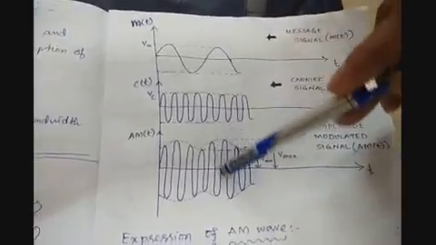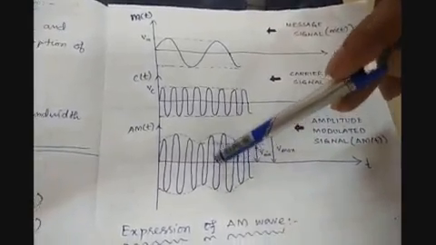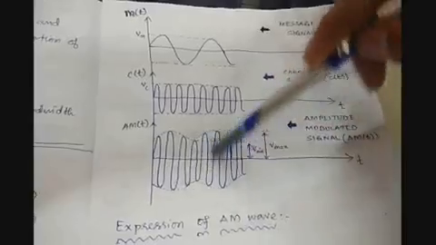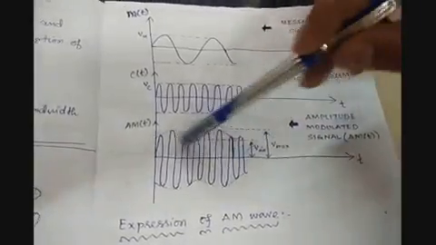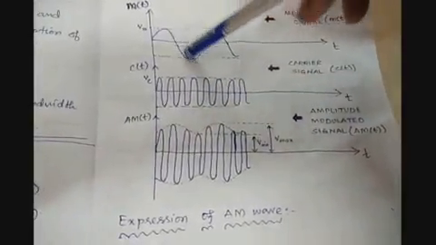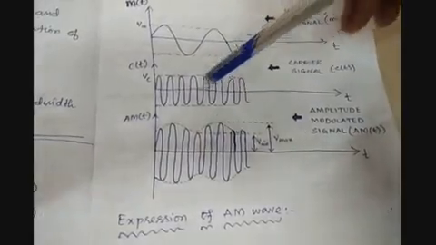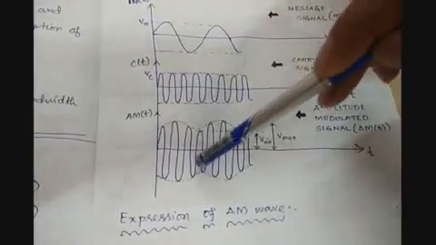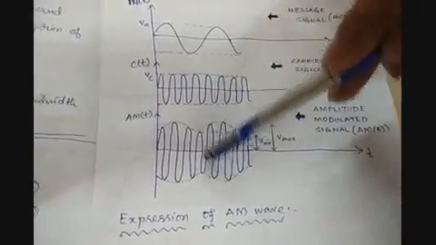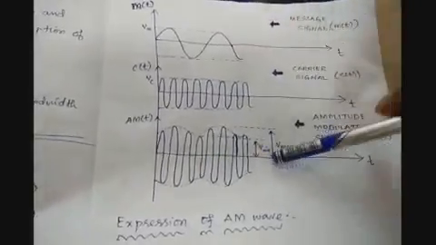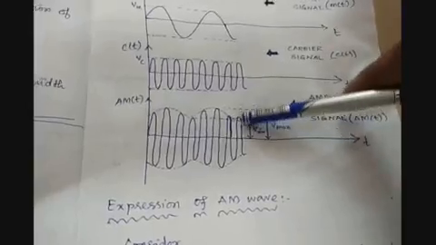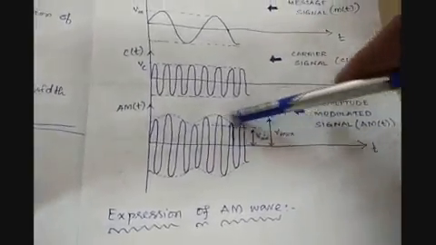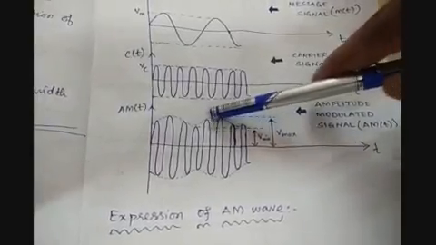So this is nothing but superimposition of the message on the carrier. That is the amplitude modulated signal, right? According to the instantaneous value of the message, your carrier amplitude is varied. This is V minimum, the minimum level, and this is V maximum, the maximum amplitude level, right?